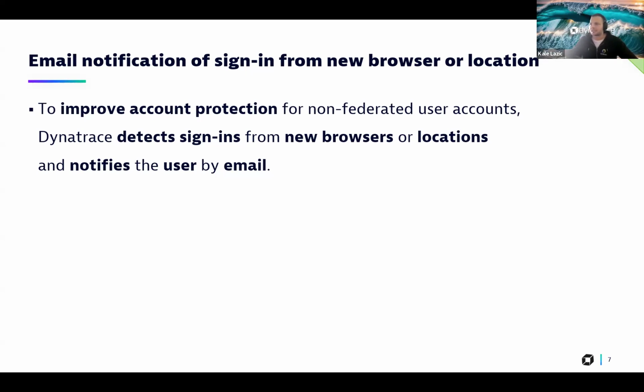So this is a feature that improves the account protection for non-federated user accounts. So whenever you, as a non-federated user, sign into Dynatrace from a new browser or another location, you will be notified via email. So if there is some suspicious action occurring, that you are notified. I should test this.